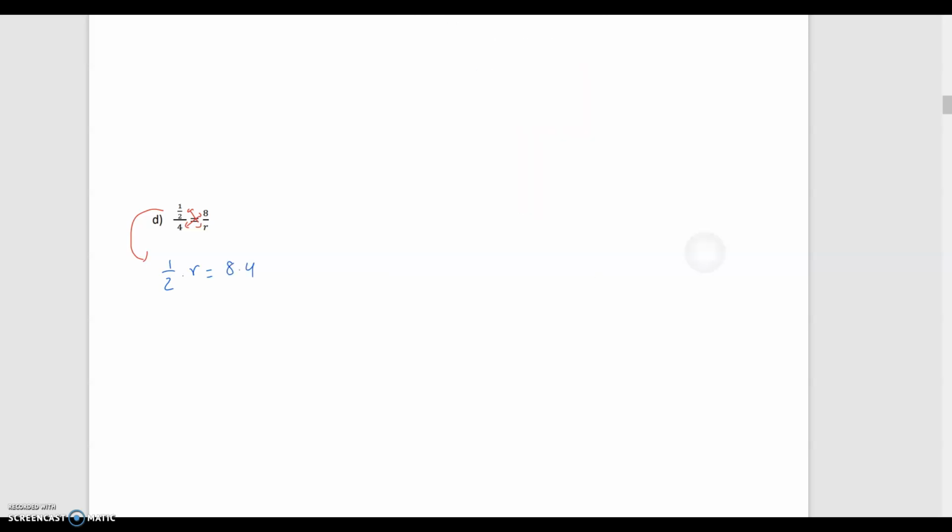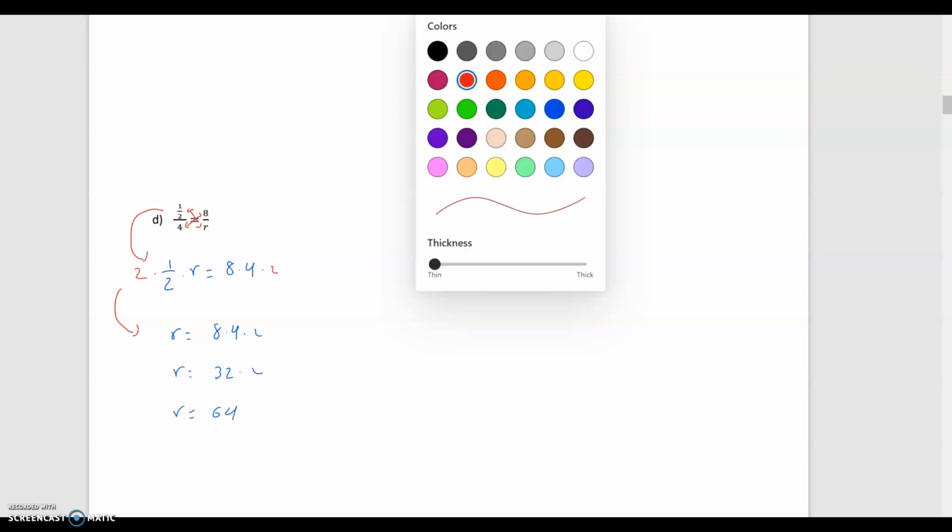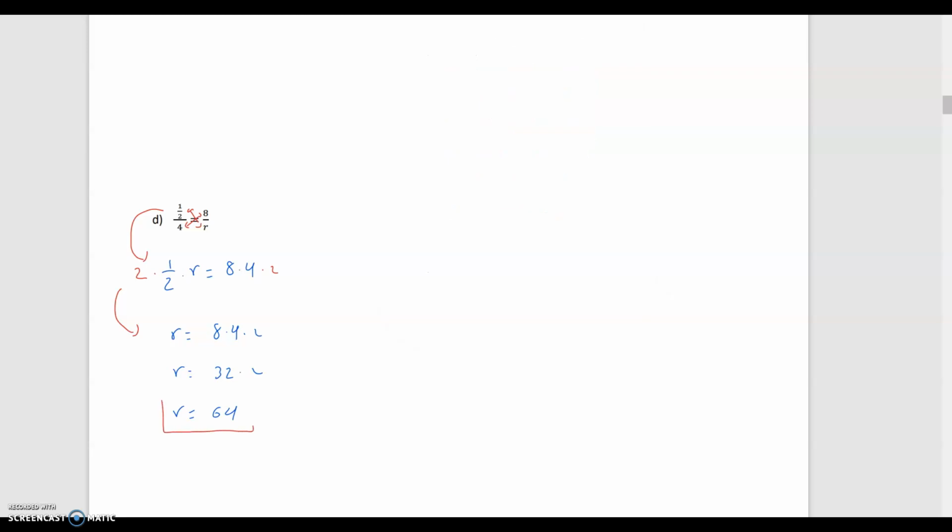And then here, instead of multiplying, let me just do the other multiplication times 2 times 2, and this is going to cancel the fraction. So we're going to end up with r is equal to 8 times 4 times 2, or r is equal to 32 times 2, r is equal to 64. That's it for D.